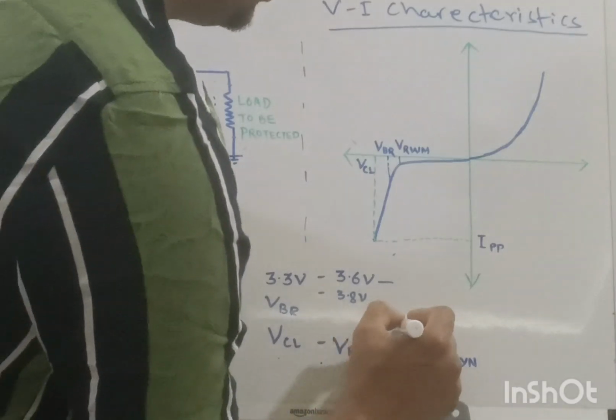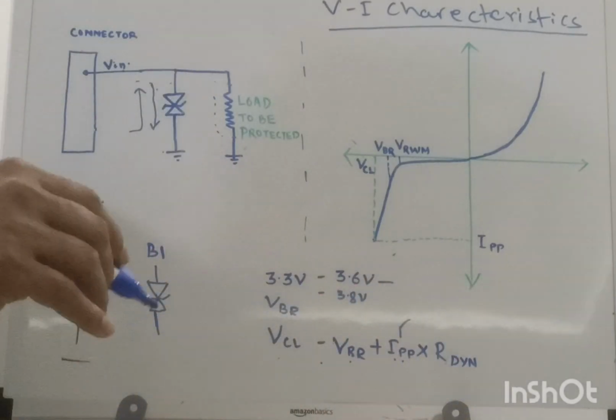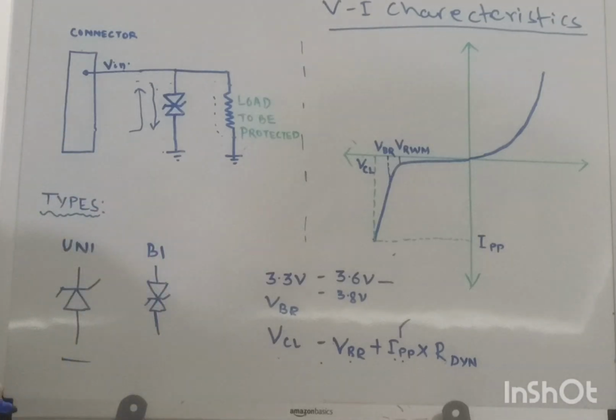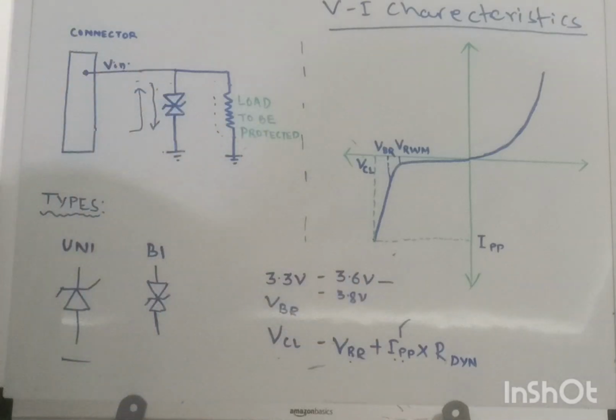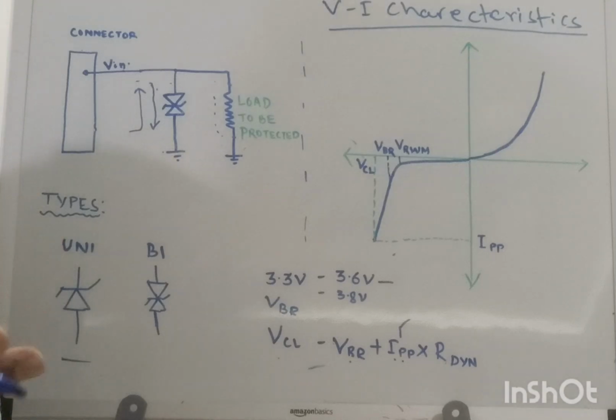When I say IPP, you need to calculate the maximum surge current that can be allowed through your TVS. You can find it in the datasheet, and based on that you can calculate. You need to select a TVS diode that has a clamping voltage which is lesser than the absolute max that can be handled by your board.